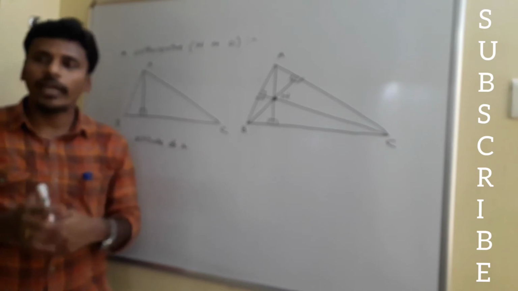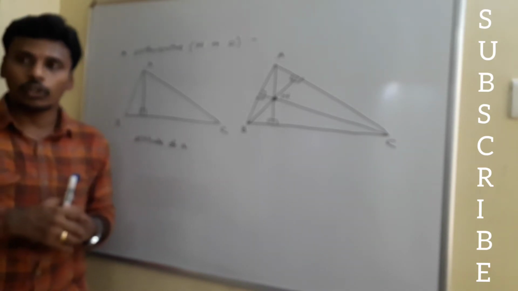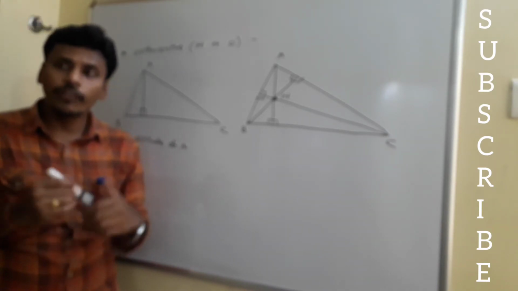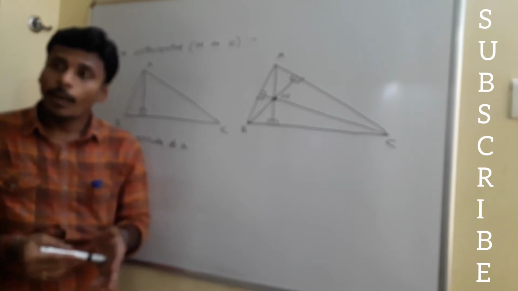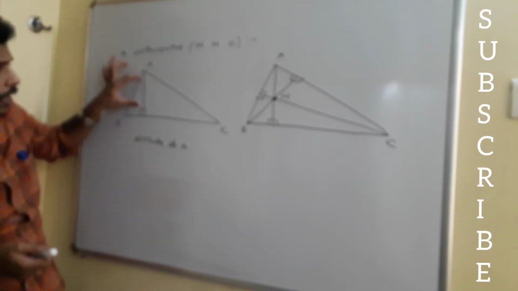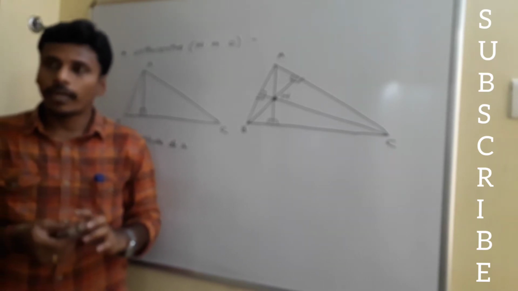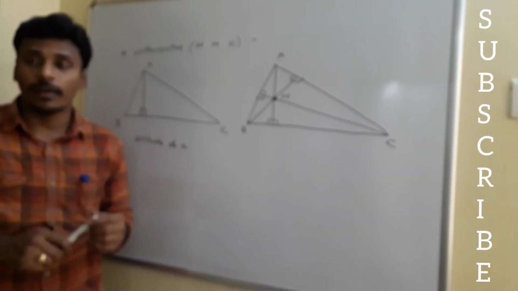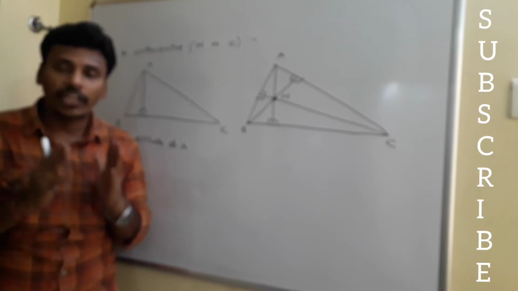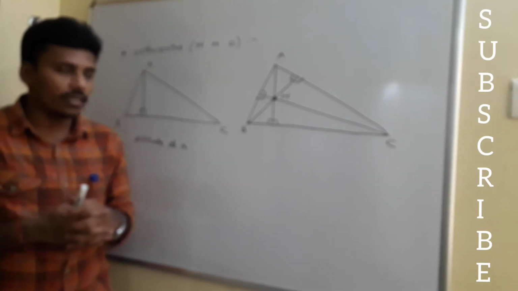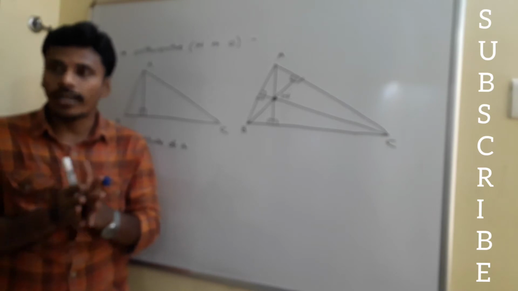We don't have any direct method to find the orthocenter, right? If we are in straight lines, then by finding the equations of altitudes, we will find the orthocenter by solving those equations. But now since we are in the coordinate system, we don't have a direct technique to find the orthocenter using a formula.